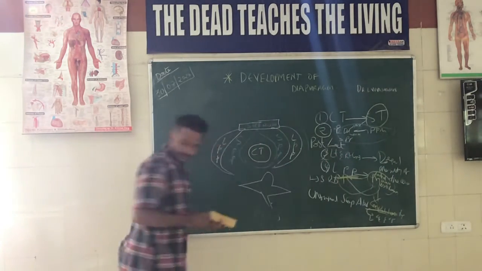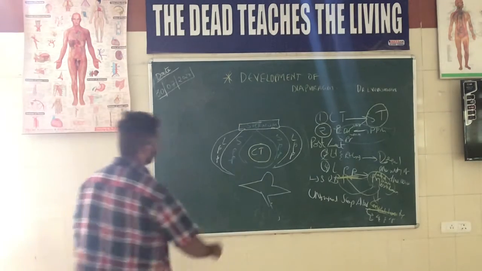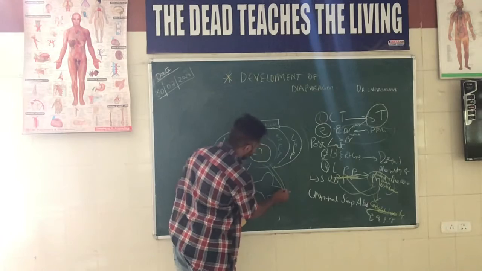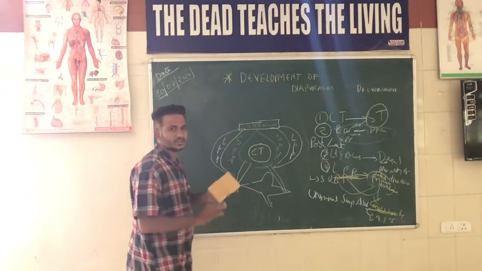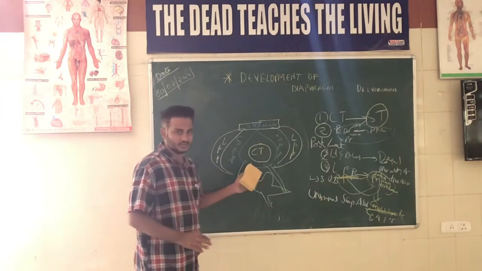And we even have one more structure left, and that is the right crus as well as the left crus. It's just a vague diagram, not an artistic diagram, and we are trying to give you the schematic representation. The diagrams are available in the embryological texts.